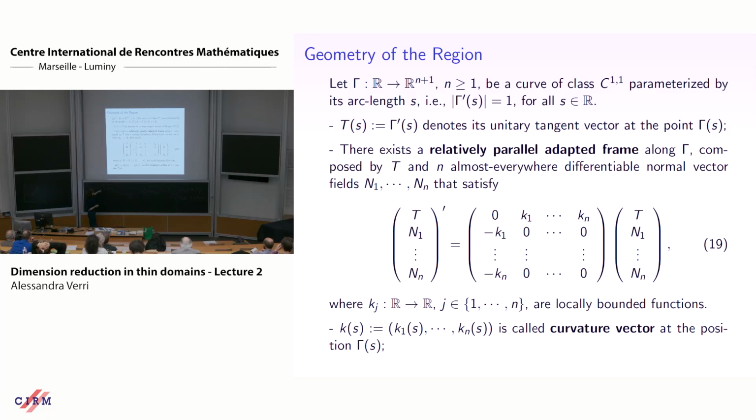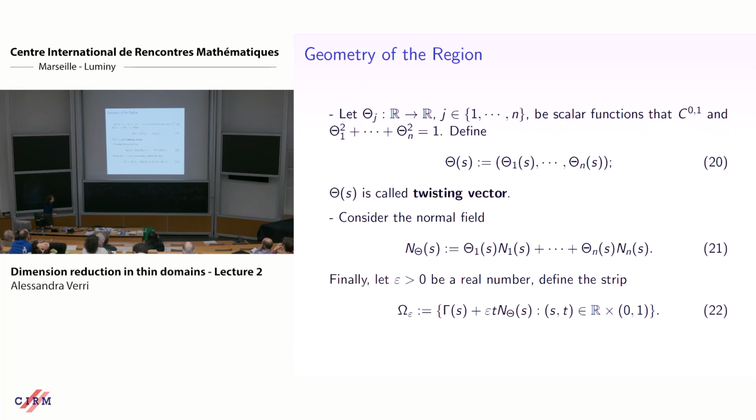While the segment translates along the curve, the segment can twist. To obtain this effect, you can introduce this vector theta(s) with these components, and we call this vector the twisting vector.